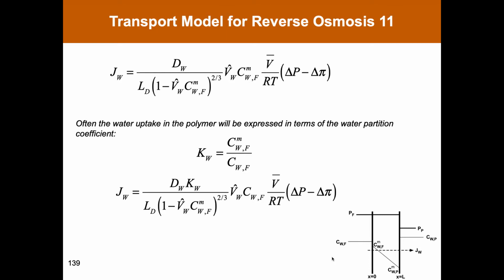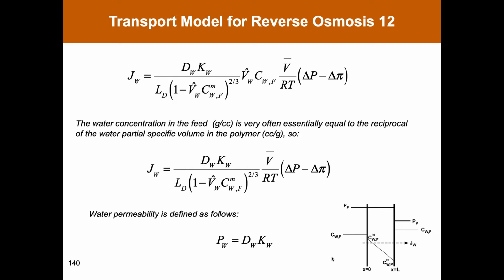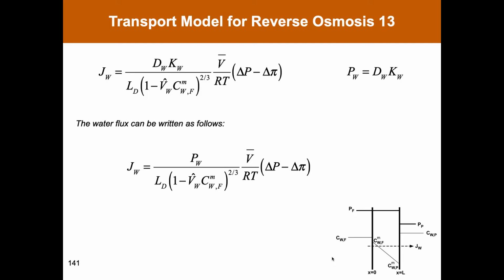Now, at least for situations involving water and salt, the concentration of water in the feed will be 1 gram per cc. The specific volume will be 1 cc per gram, and so this term often is essentially offsetting. If we define water permeability as the water diffusion coefficient times its partition coefficient, then we write this in terms of the water flux as shown here.